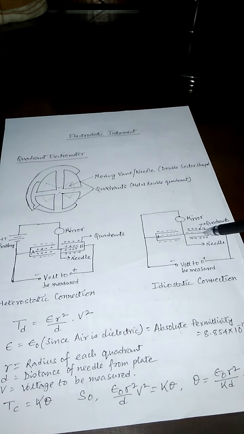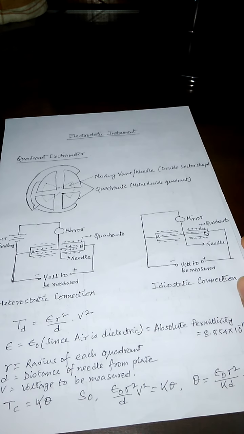So when the electrostatic force appears, the needle moves, and for this reason the controlling torque given by the spring appears, and the needle takes the position where the deflecting torque equals the controlling torque. That means the balance condition.